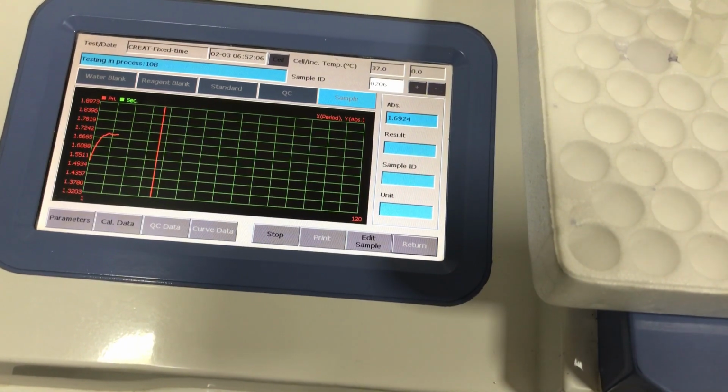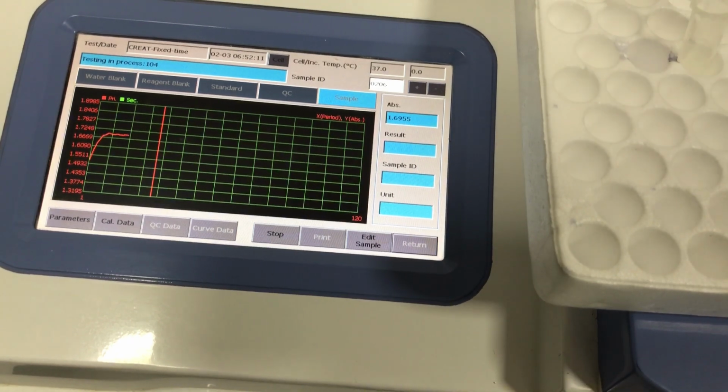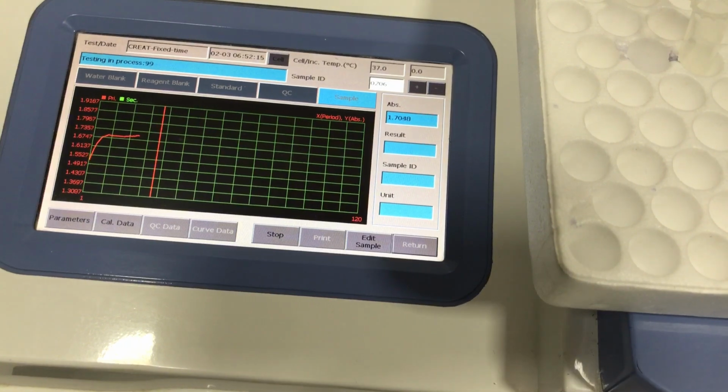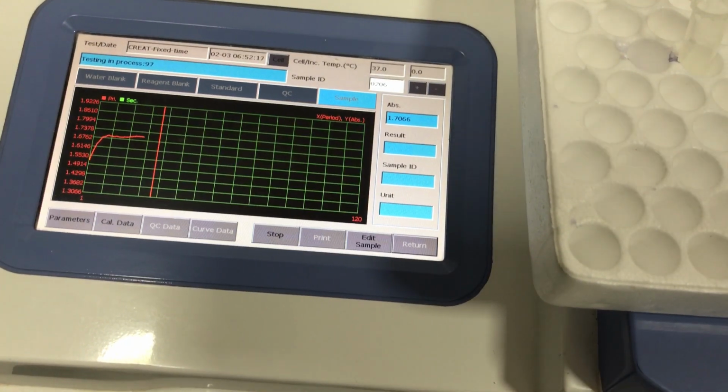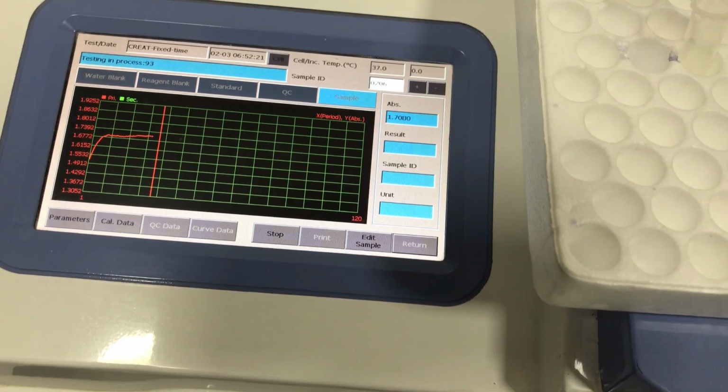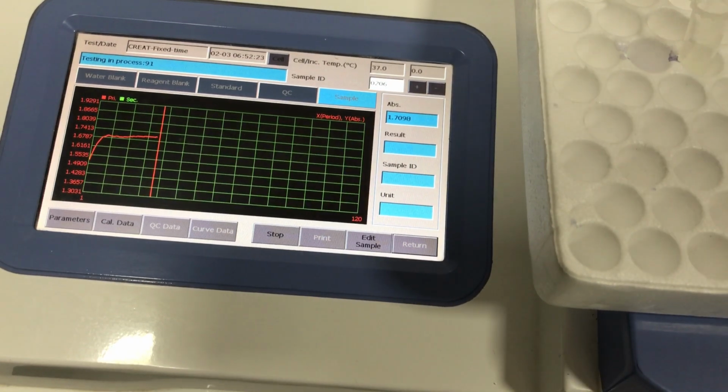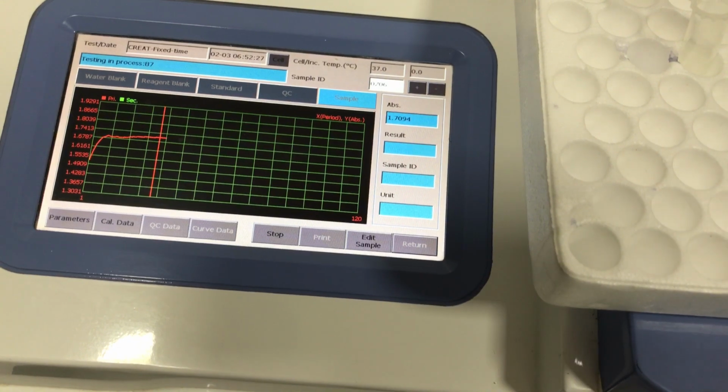So if we were using a colorimeter, then we'd wait for 30 seconds before we take our first reading, and then wait for 90 seconds and then take our next reading. I hope you get it. But because this is a semi-auto analyzer, you don't have to wait.